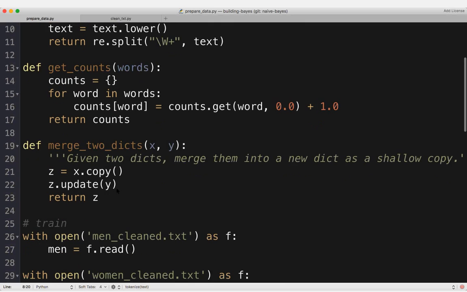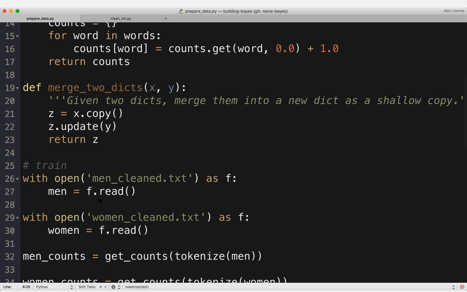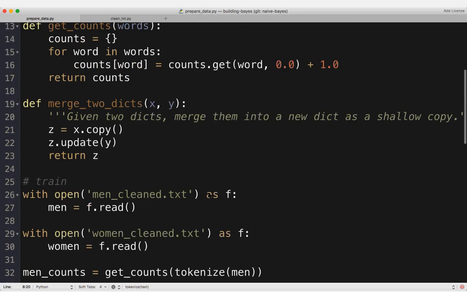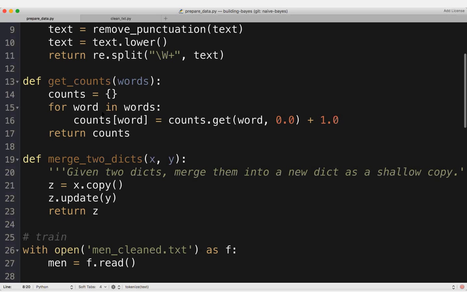The other thing, so now I open the clean file, which is just a blob of text. I do the two functions up there to tokenize, and then I get the counts function, which just goes through and says, for the words, count up the occurrences, and then make a dictionary of that.